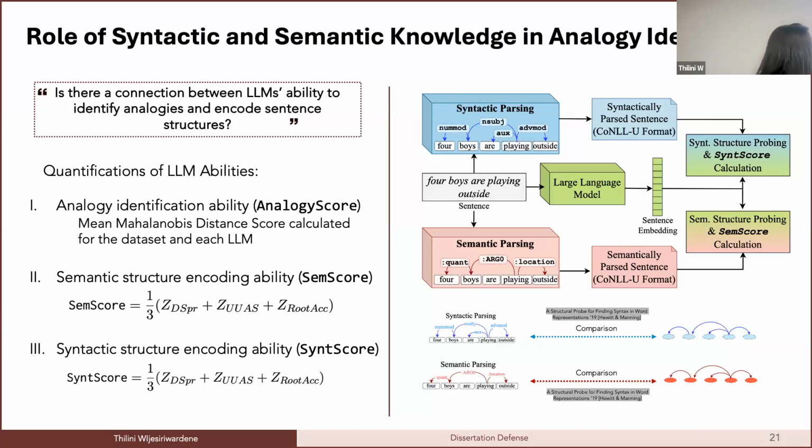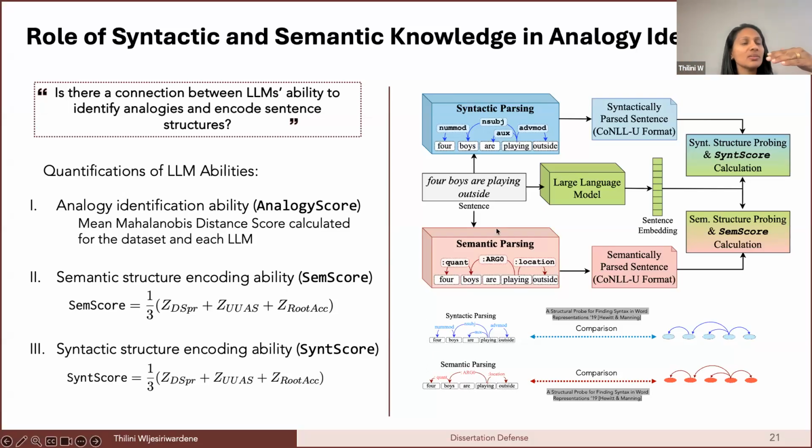I'll very briefly explain how one would calculate the semantic score and the syntactic score. Let's say you have this sentence, and there are traditional methods that you use to parse a sentence into its syntactic structure. So you have that structure.